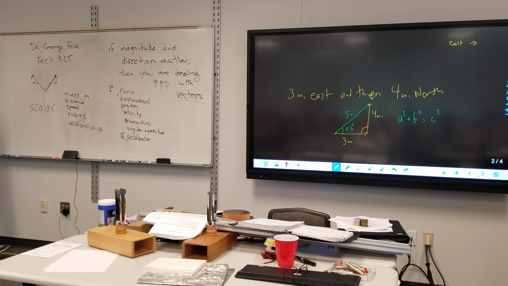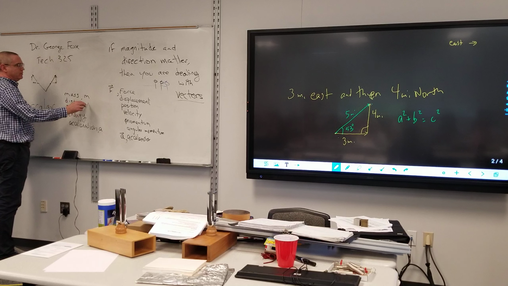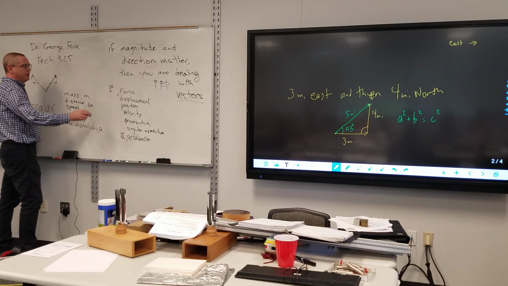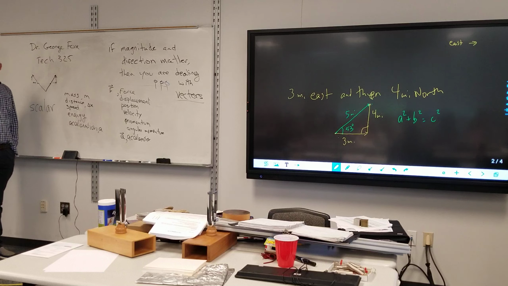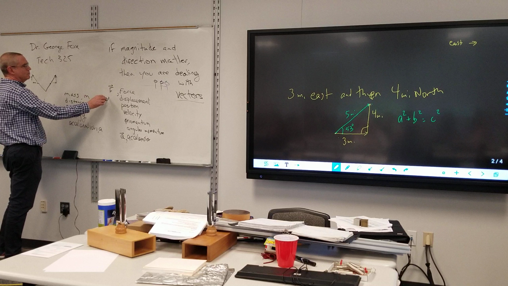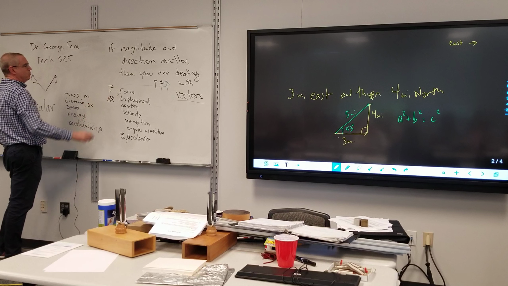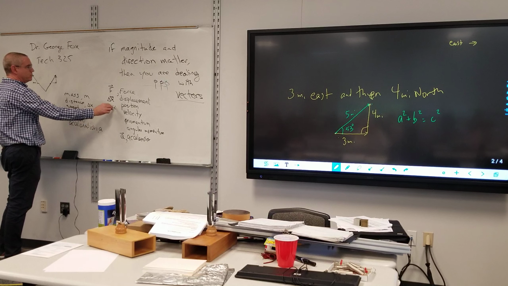I was hoping you could catch on to a pattern here. Distance, delta X. Displacement, someone want to take a shot at it? With a vector symbol over it. Position, just X.